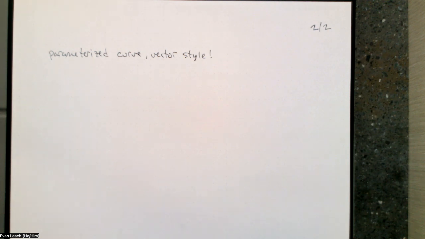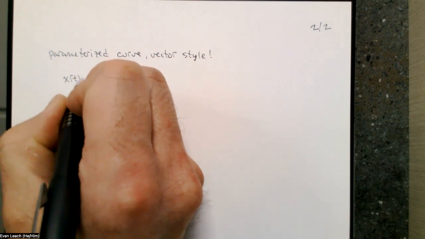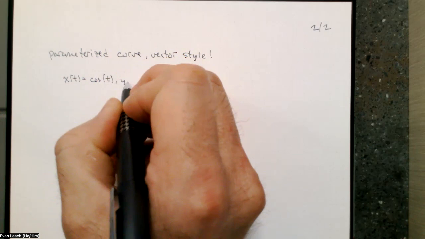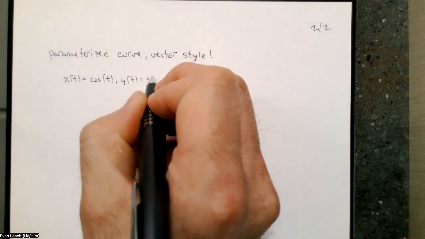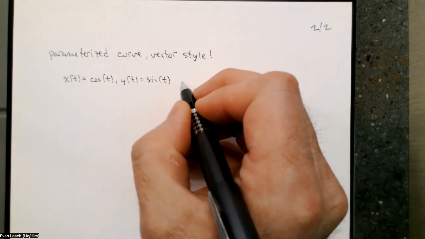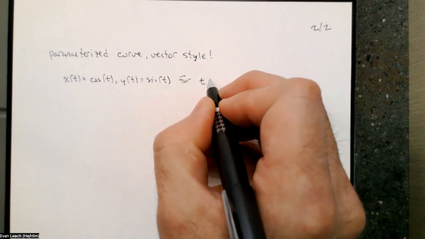So our unit circle, we had x of t is cosine of t, y of t is sine of t. We've got to tell our reader what values of t we want them to plug in. And we'll say this is for t between 0 and 2 pi.